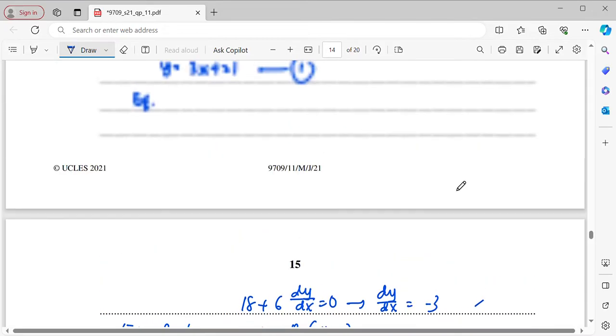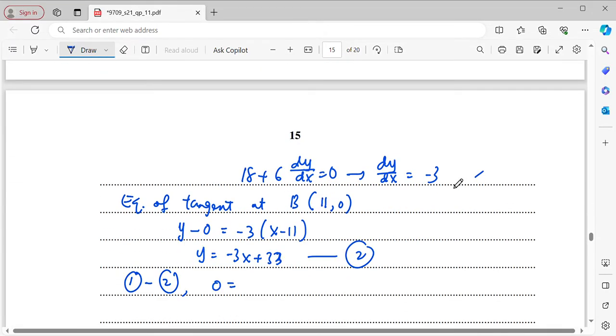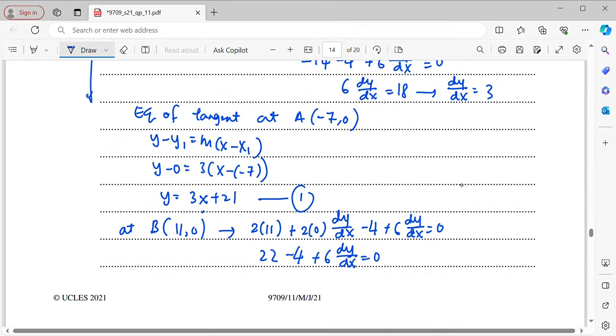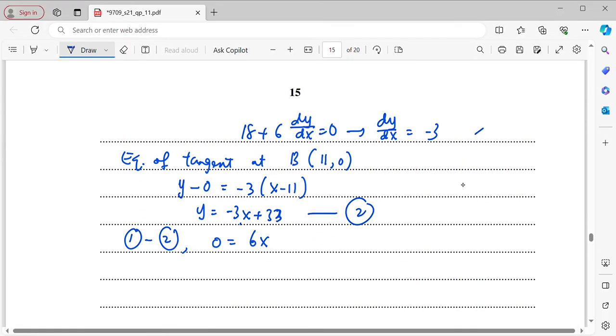On the right side, the first equation has 3x, and then you minus minus 3x, which becomes 6x. The third term is 21, then minus 33, so it will be negative 12. So from here, 6x is 12. Hence x is 2.